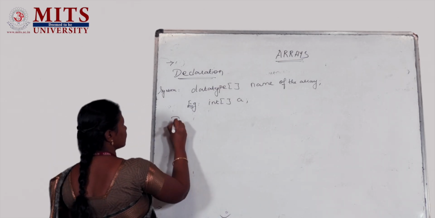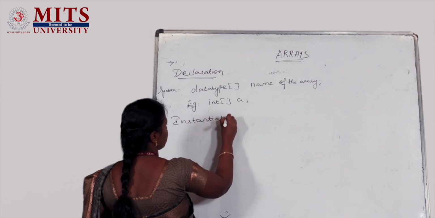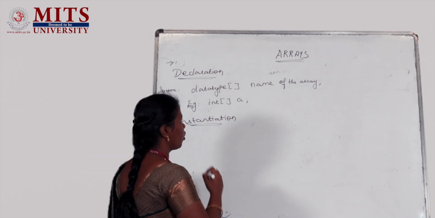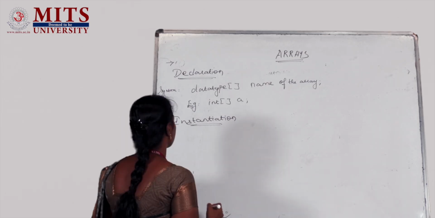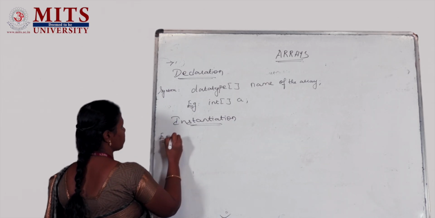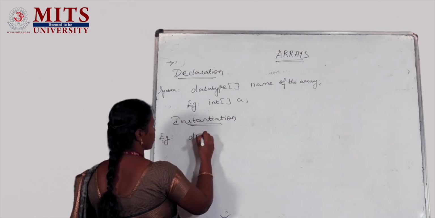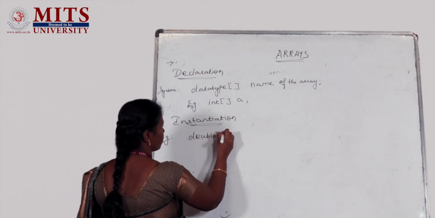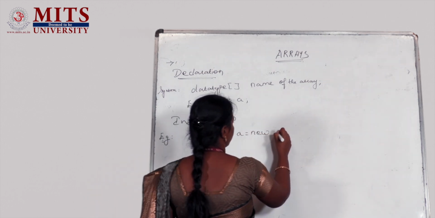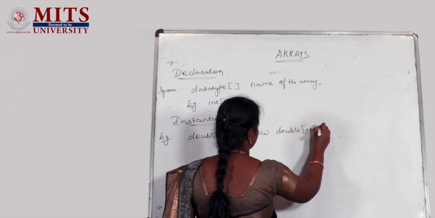Then instantiation means how we are going to allocate memory to the array, or how many elements we are going to store in the array. So for that, how we can instantiate, for example: double a is equal to new double of 10.